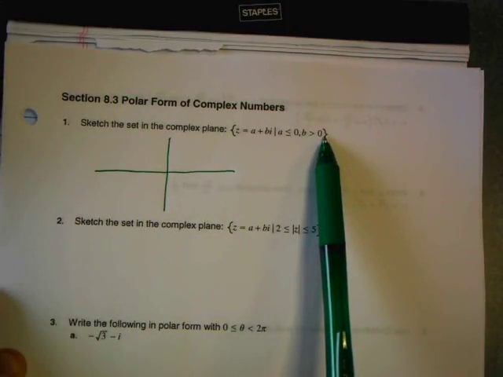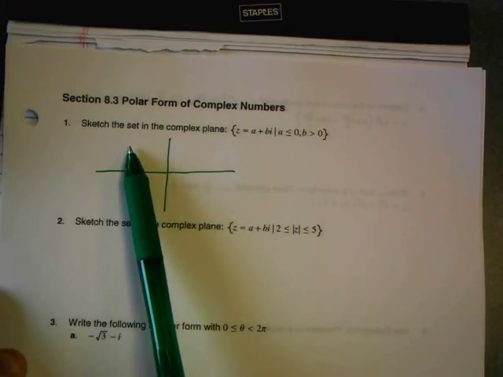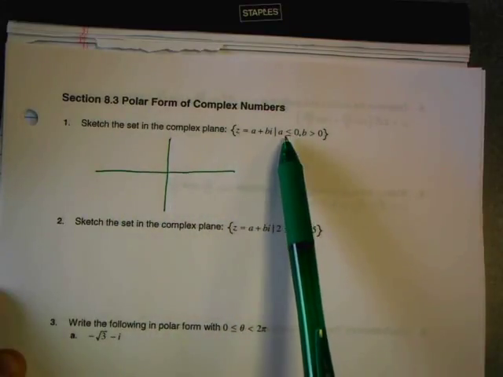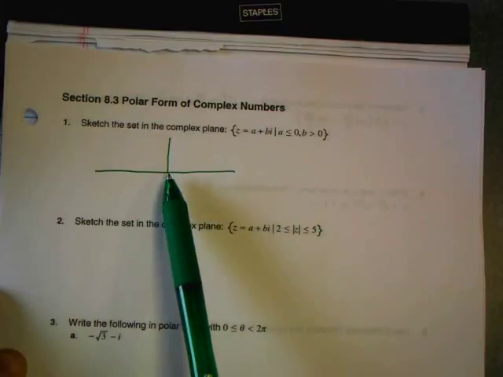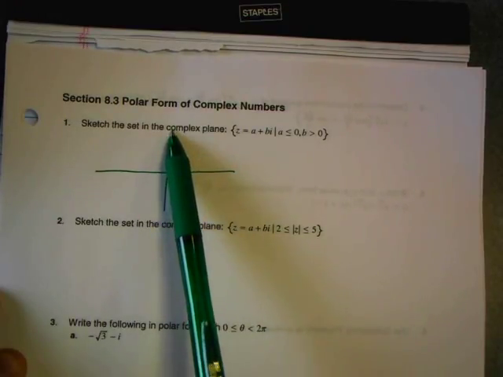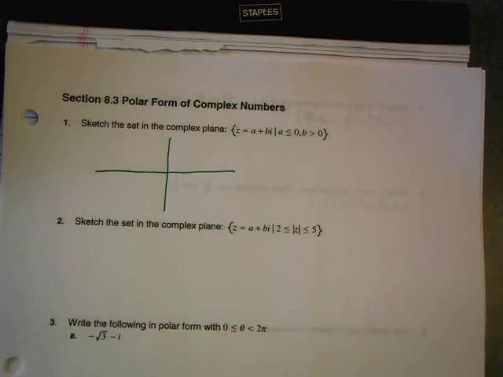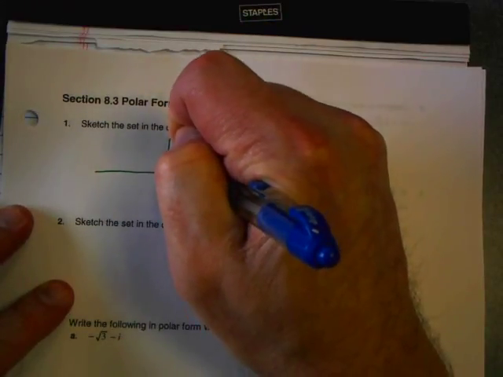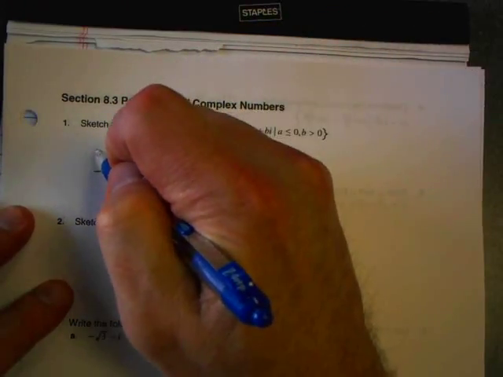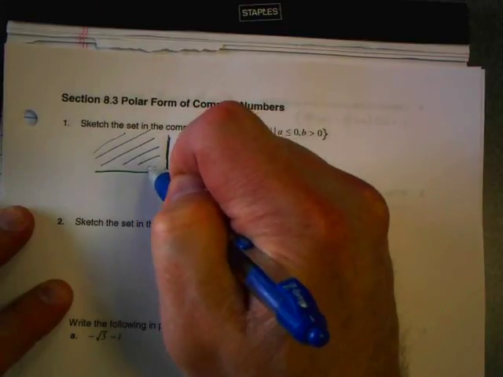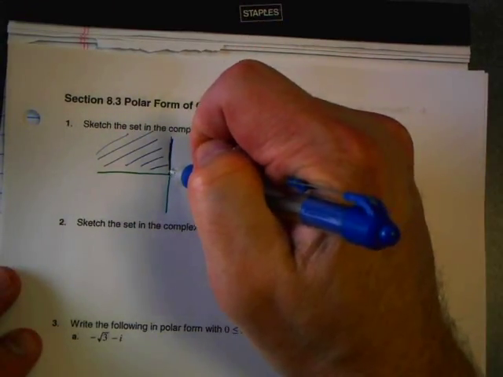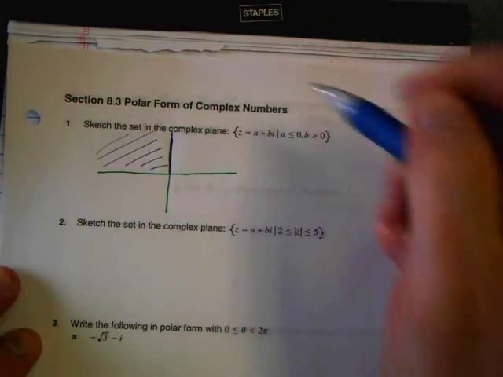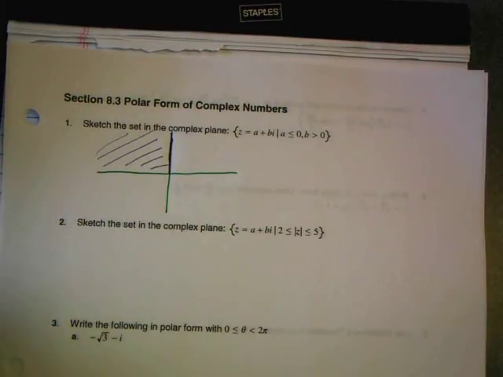So where is b a positive number? Basically, I'm giving you quadrant 2, except for the equal to, which means we include the top part of the axis. So to graph it, we would do that, and then we would shade this whole region. We have the equal to on the a, which means we get the axis here, and then we shade everything in quadrant 2.